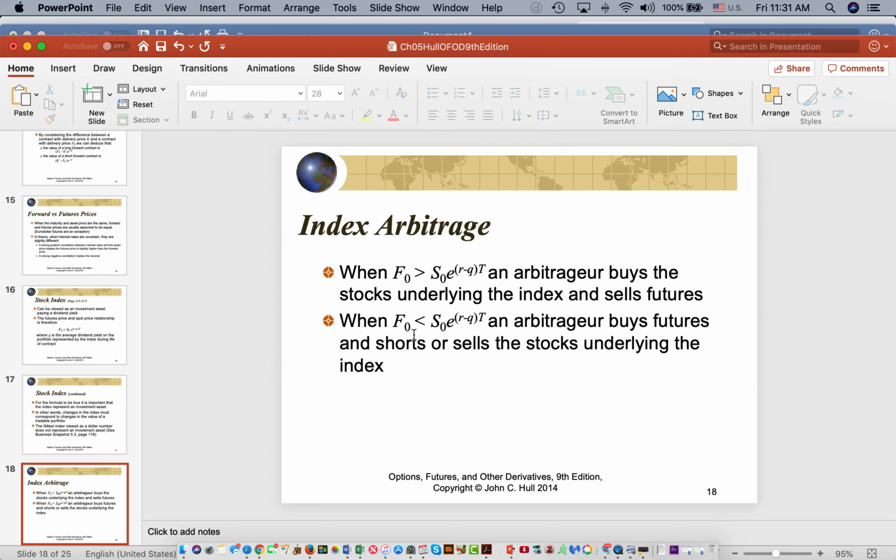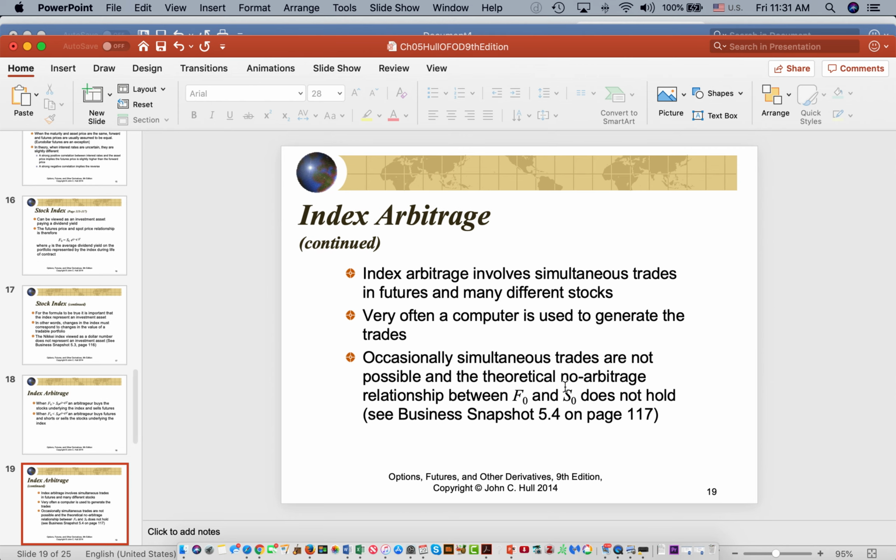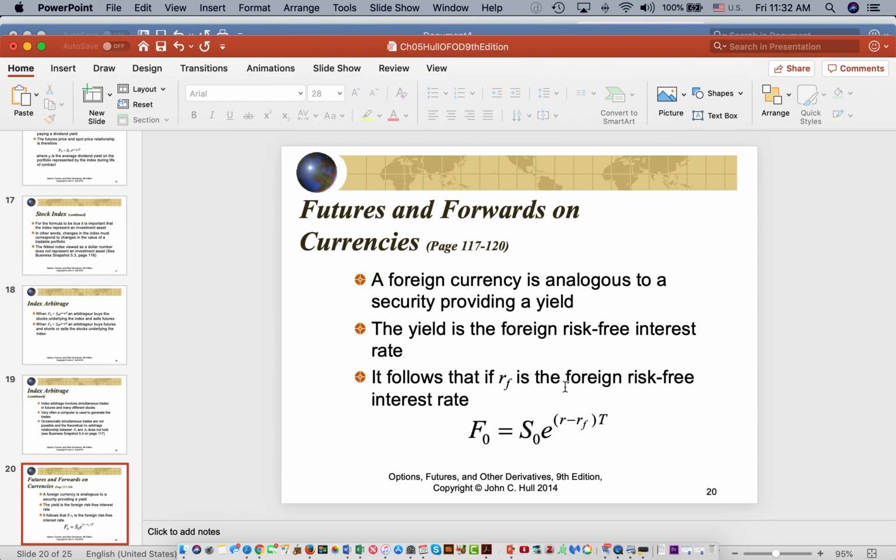And if F sub 0 is less than the right hand side, then you basically buy the futures and sell the stocks underlying the index. And this is called index arbitrage, and it is done programmatically. A computer program does that for you.